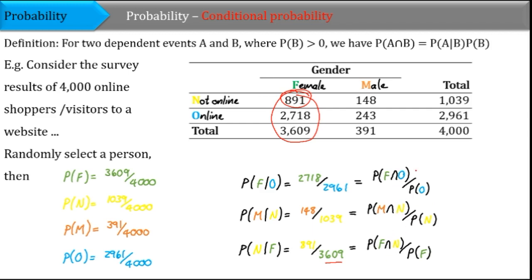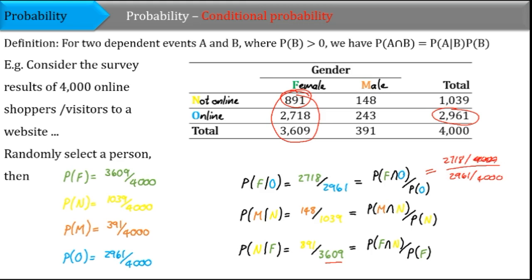It is a bit longer, but it is the proper way of doing it. So just to show you the detail, probability of this intersection, female and online shopping, will be 2718 divided by 4000 because it's the probability over probability of online shopping, that will be 2961 divided by 4000.